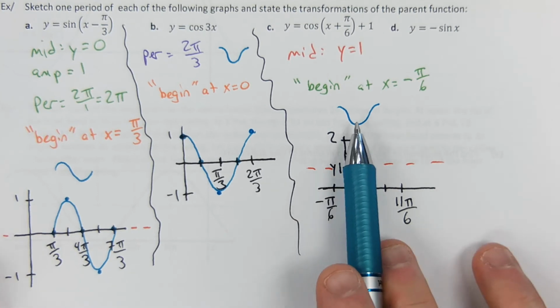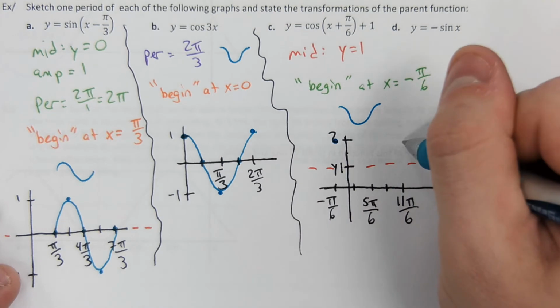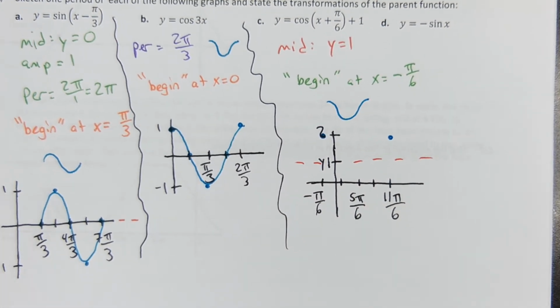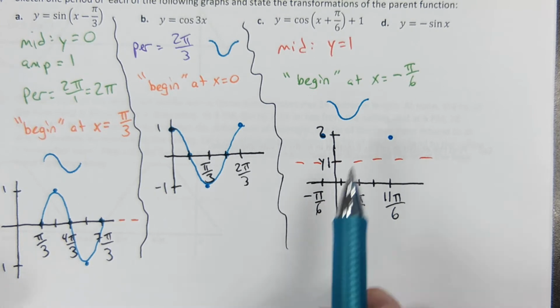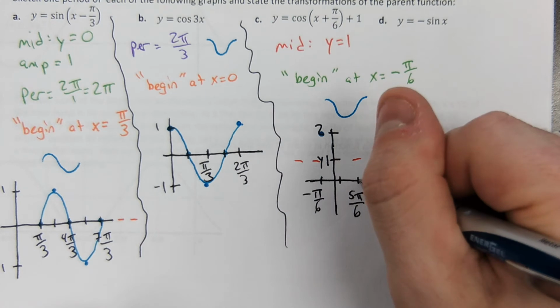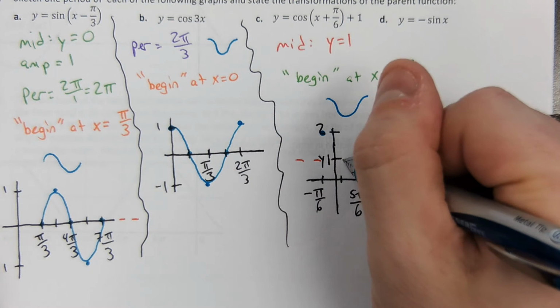Alrighty. Draw this shape, beginning at negative pi over 6, ending at positive 11 pi over 6. Halfway between your maximums is your minimum. Since your midline is at 1 and your amplitude is 1, your minimum value is 0 because it's up 1, down 1. And halfway between a minimum and a maximum is always going to be a midline hit.